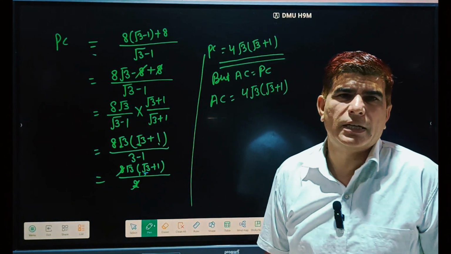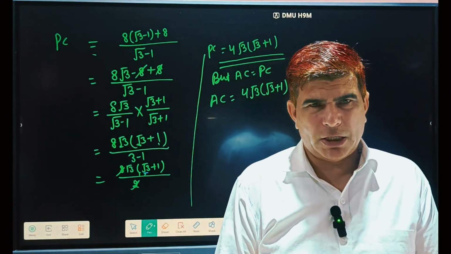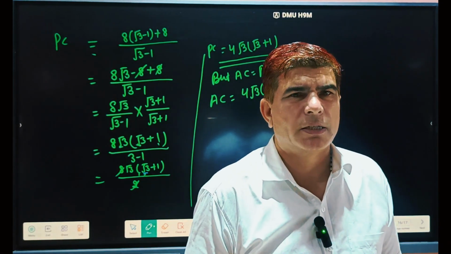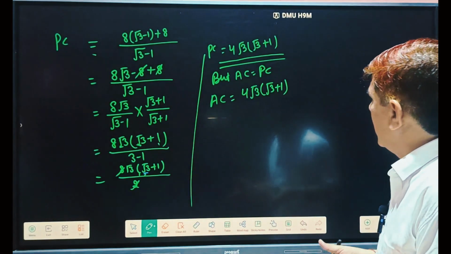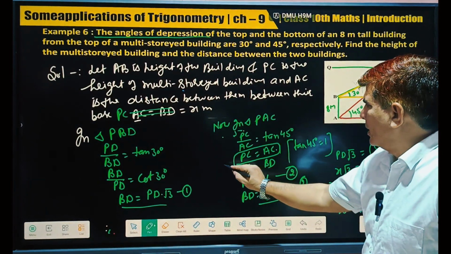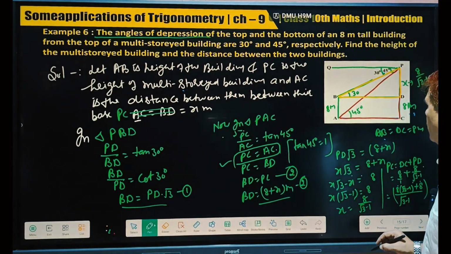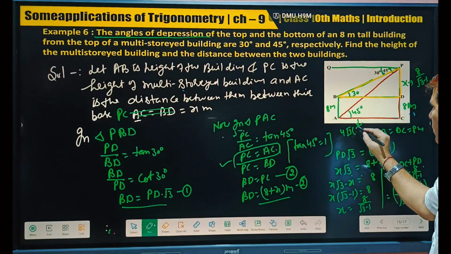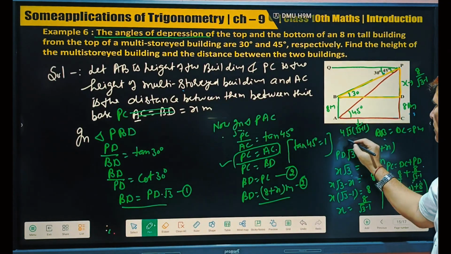So what can we say? The height of the multi-storied building and the distance between the two buildings are equal. Why? From here, AC equal to PC. So this is also 4 under root 3 into under root 3 plus 1.